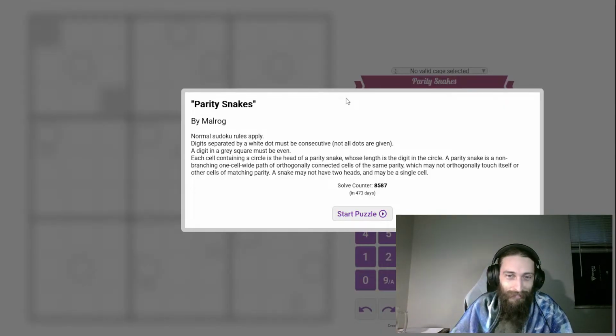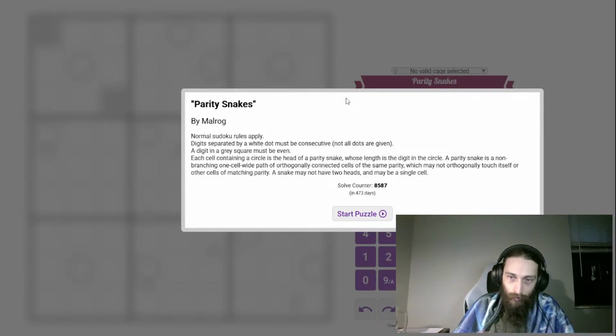What? Okay. Second time around. Normal Sudoku rules. Okay, I'm familiar with those. Digits separated by a white dot must be consecutive. Okay, get that. The digit in a gray square must be even. Okay. Each cell containing a circle is the head of a parody snake, whose length is the digit in the circle.